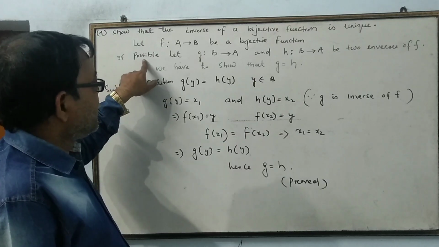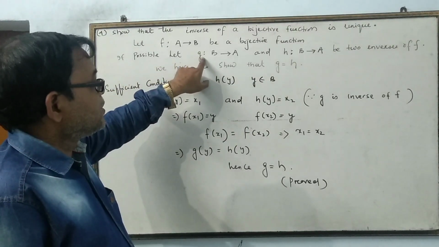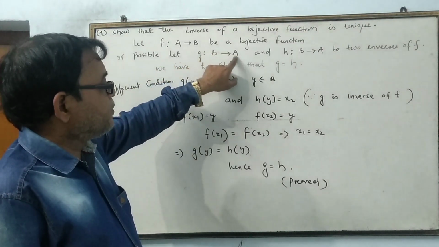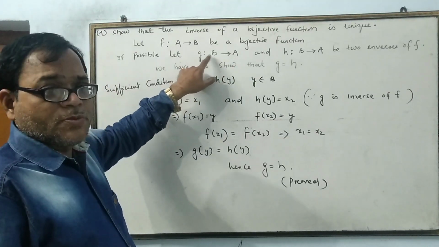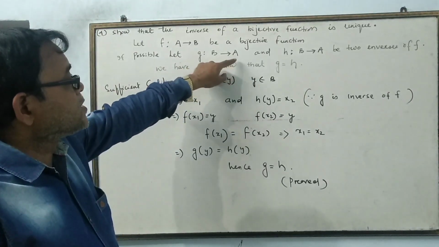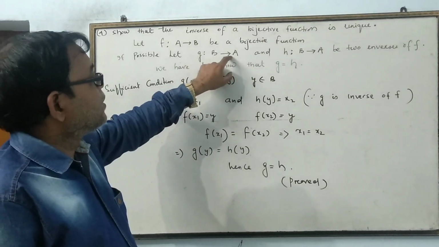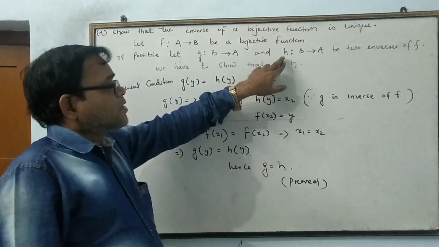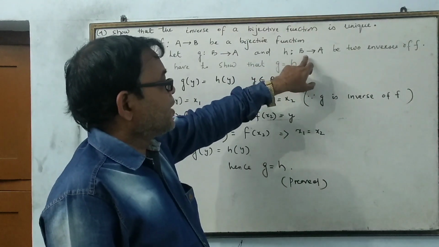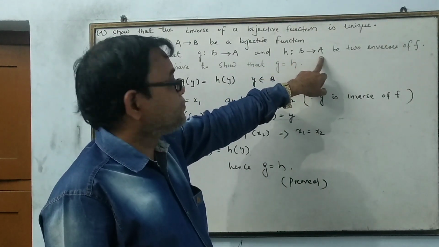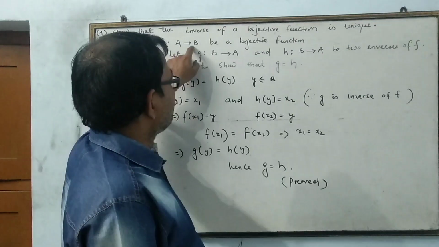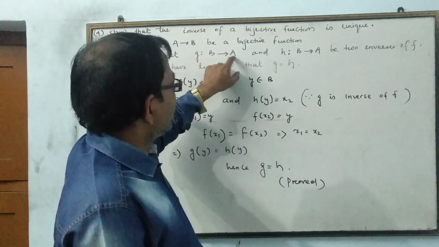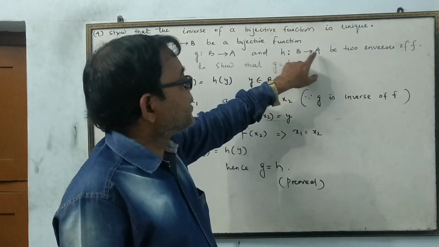If possible, let g be a function from B to A, an inverse function of f, and h is another inverse of f which is from B to A. Because f is from A to B, f inverse will be from B to A.